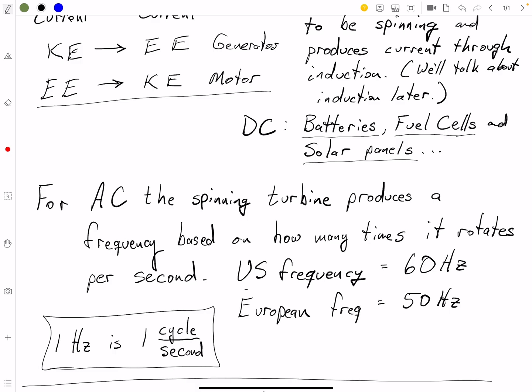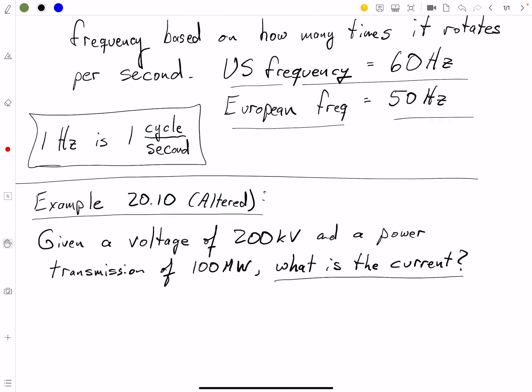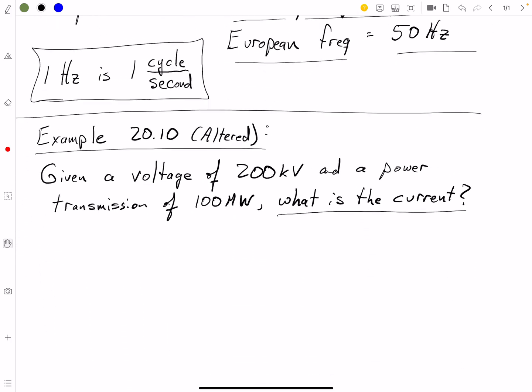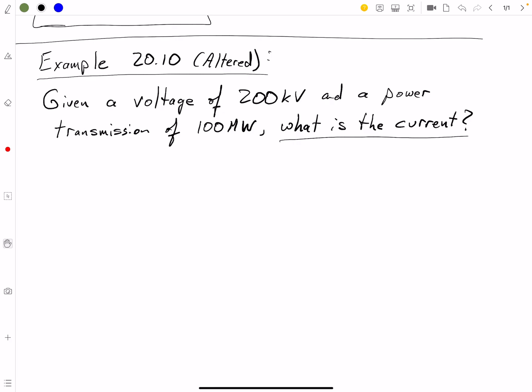In the United States, that is 60 hertz, and in Europe they produce 50 hertz, and 1 hertz is just 1 cycle per second. So you guys know about frequency and hertz and all that. So I think we're pretty good there.